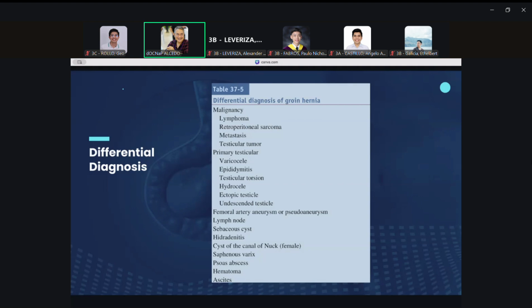Now, very, very important is to be able to differentiate one from the other, because one is managed medically while the other is managed surgically. So you have to make sure that your diagnosis is correct. Otherwise, you might do a surgical procedure on a medical case, and it can be the end of your very short surgical career. Okay?